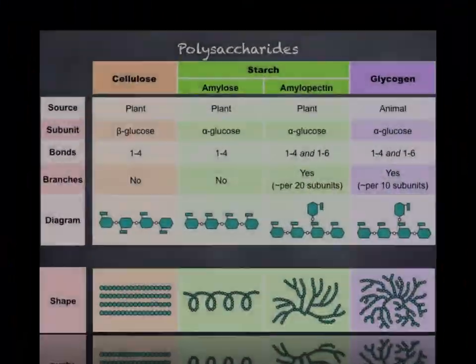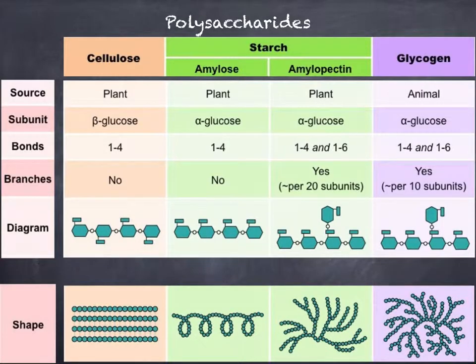So in summary, polysaccharides in the animal kingdom are glycogen, which is highly branched, storing energy in the liver and muscles. In the plant kingdom, it's either energy or structure: the energy will be amylose, which is helical, or branching amylopectin, and also cellulose for structure.